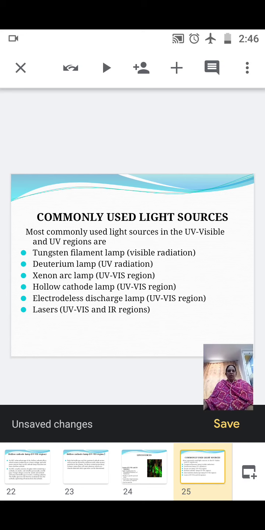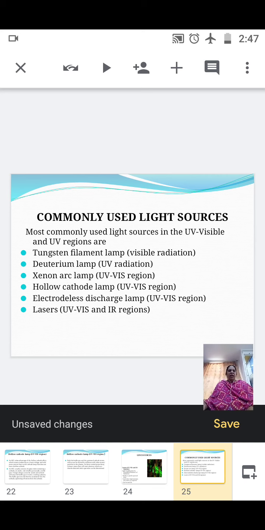The commonly used light sources in the UV, visible and infrared regions are tungsten filament lamps, which are in the visible radiation, deuterium lamps, which are used in UV radiation, xenon arc lamps, UV and visible region, hollow cathode lamps, and electrodeless discharge lamps and lasers.